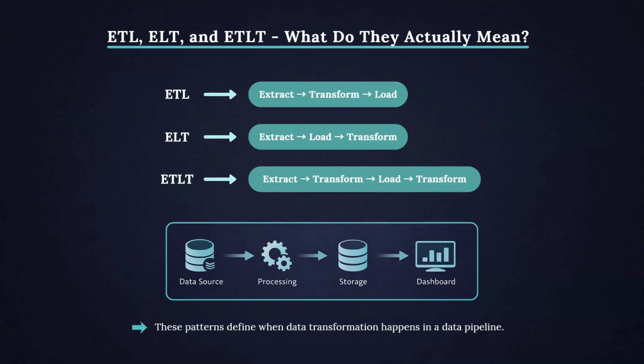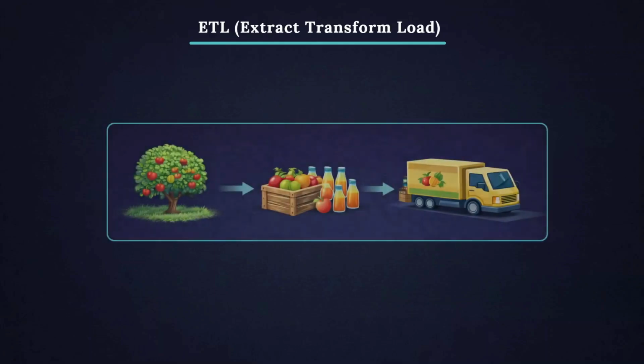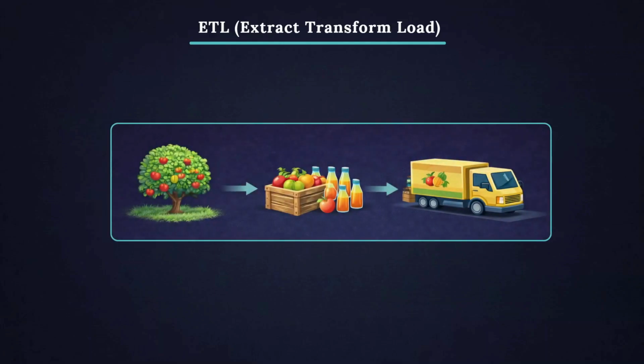Let's start with ETL first. To understand ETL, let's first look at a simple real-world analogy. Imagine you are making fruit juice. First, you extract the fruits from the tree. Then, before anything is delivered, you transform those fruits.